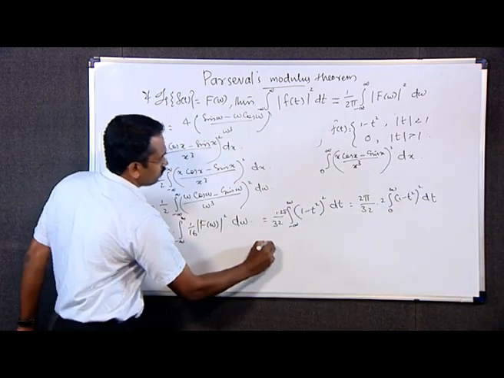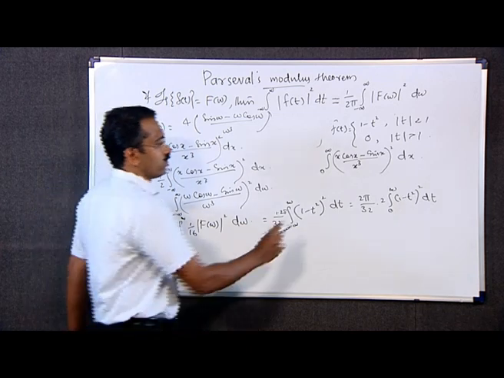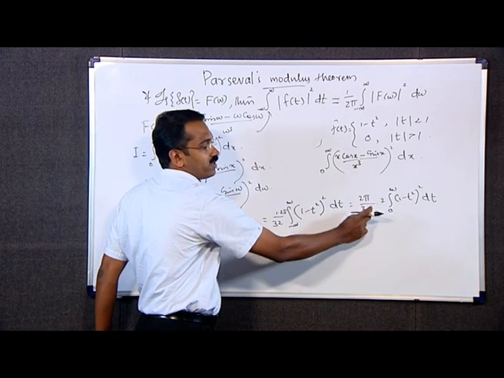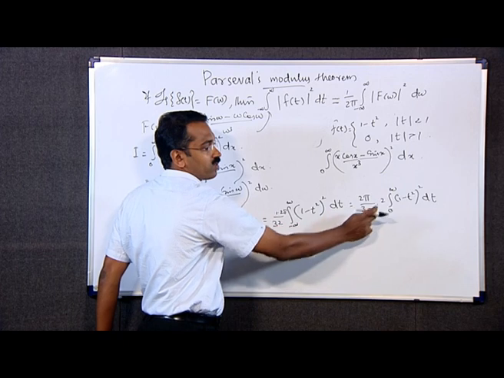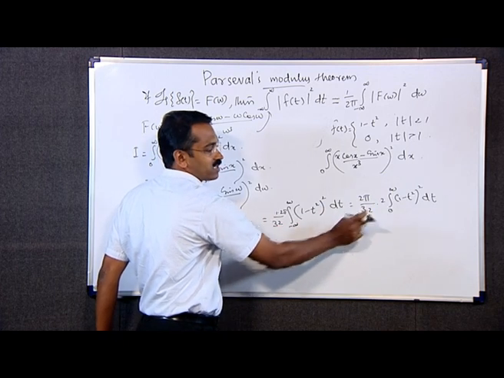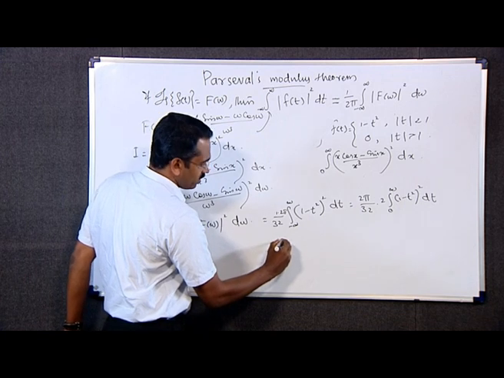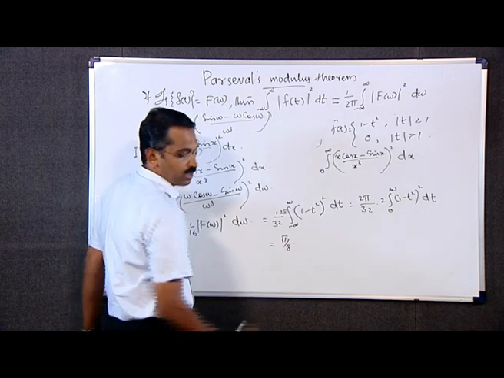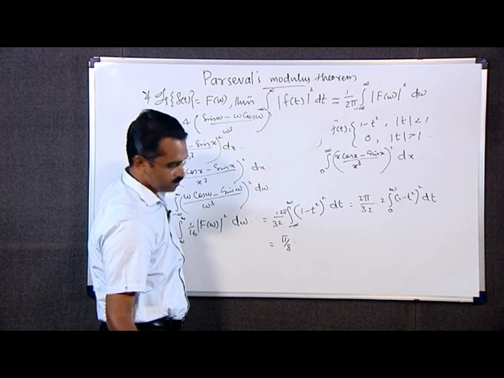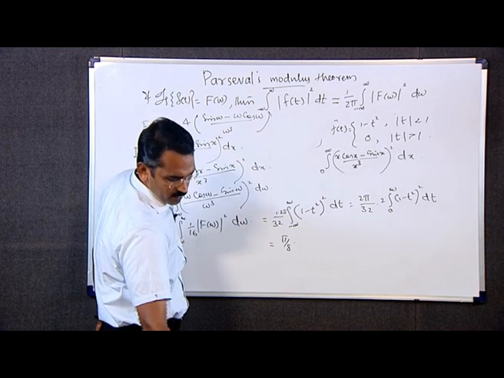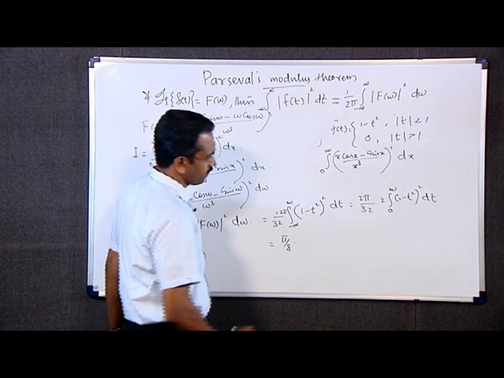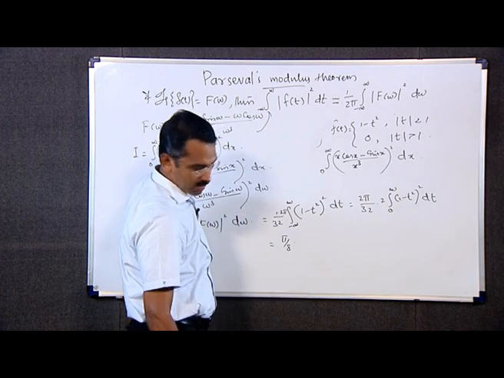Here 2 by 32 means 1 by 16, then 2 by 16 means 1 by 8, that is pi by 8 into integral from 0 to infinity.